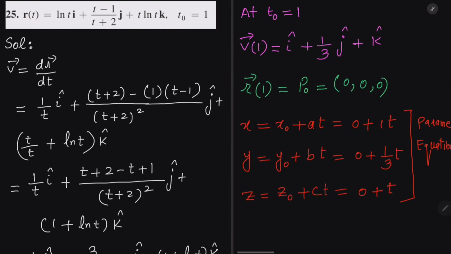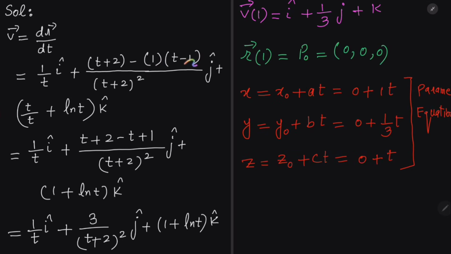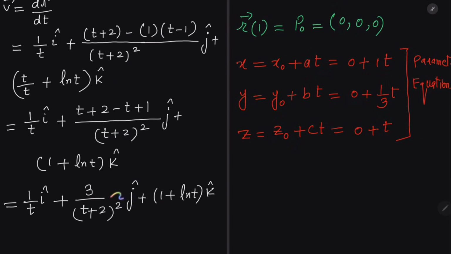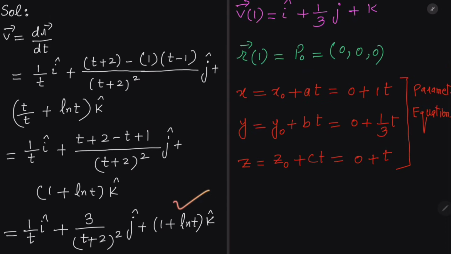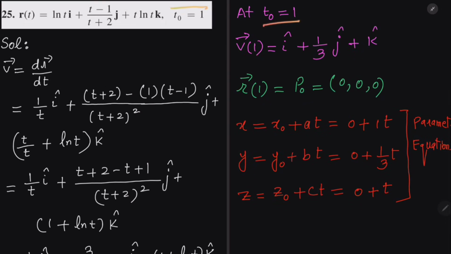For 25, the same thing. First you need to find the derivative, and you need to know how to find the derivative of this function. I took the derivative, then we solve it, and we get r at t naught equal to 1, which is given.